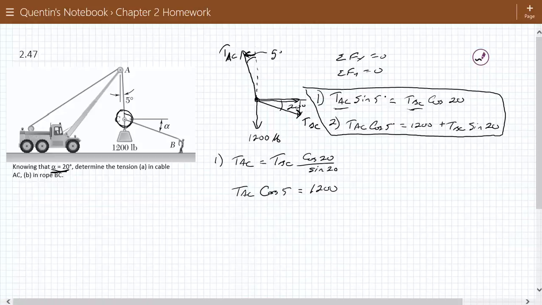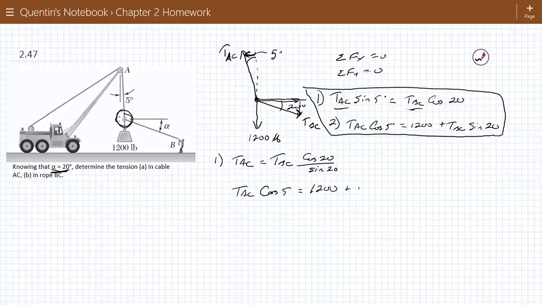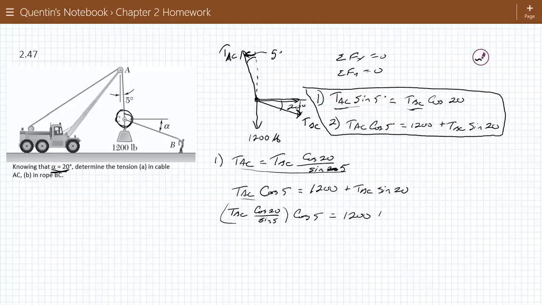I goofed up, this isn't 20, this is 5, because it comes from this equation right there. And then I'm going to plug it into the second equation. So TAC cosine 5 is equal to 1,200 plus TBC sine 20. I'm going to plug TBC cos 20 over sine 5 in for TAC. Then you solve for what TBC is.